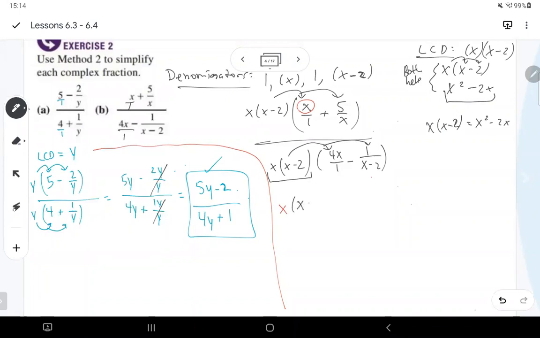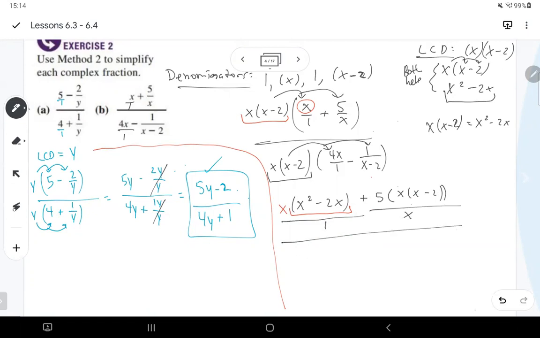So I'm going to say x squared minus 2x is right there, plus 5, and I'm going to leave it separate now, x minus 2 over x. This is over 1, and this is all over. Now I have to do the next part.